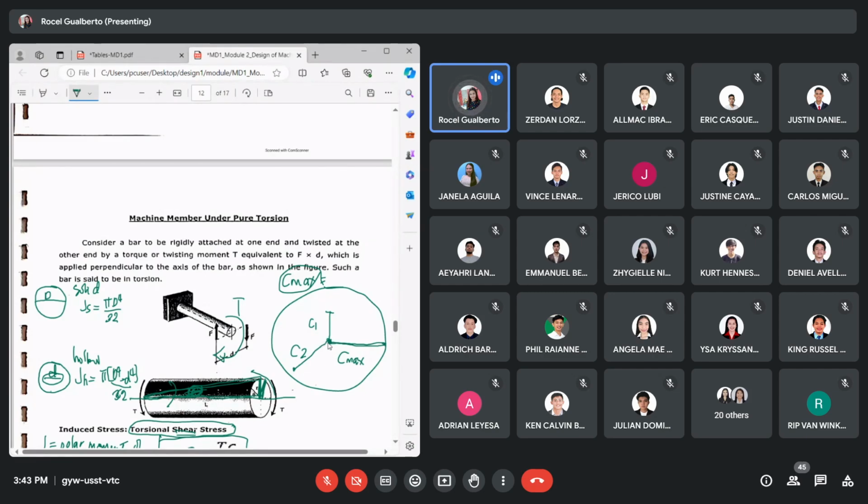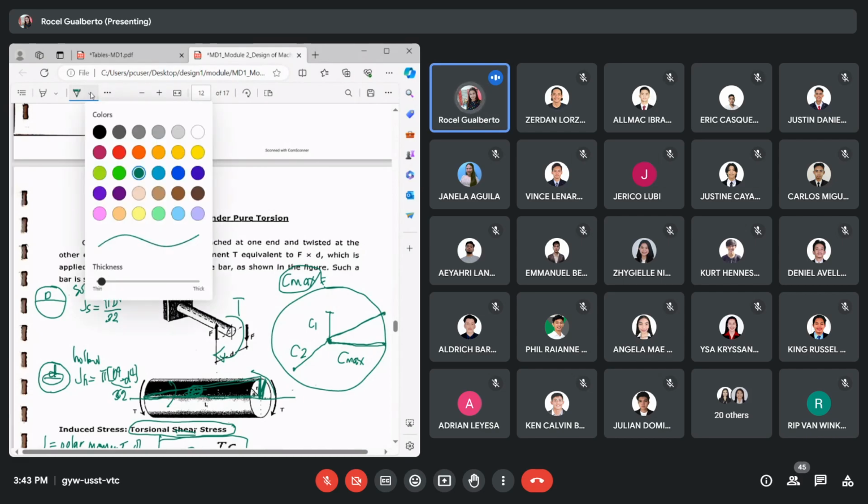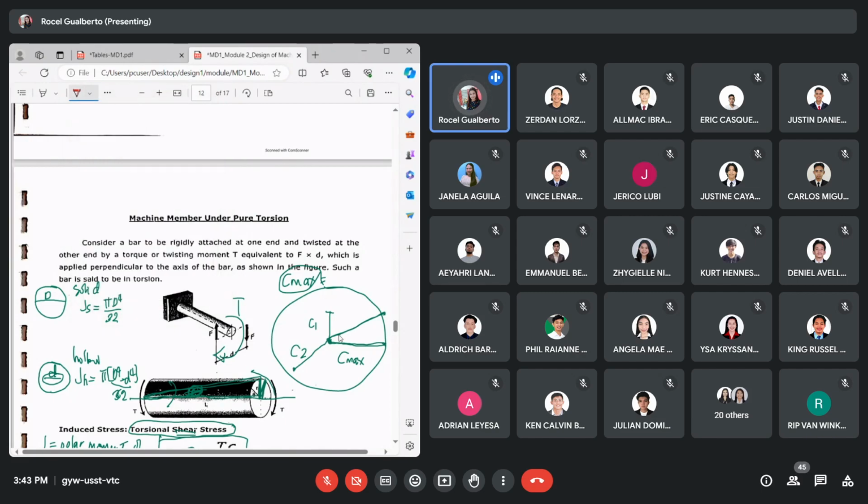Kasi pag kinuha po natin yung value ng stresses, this will represent your stress. Itong mga arrows na to, this will represent po your stress.